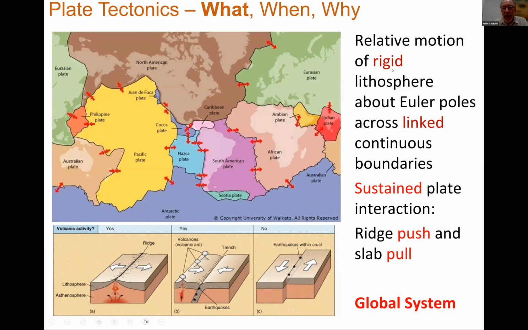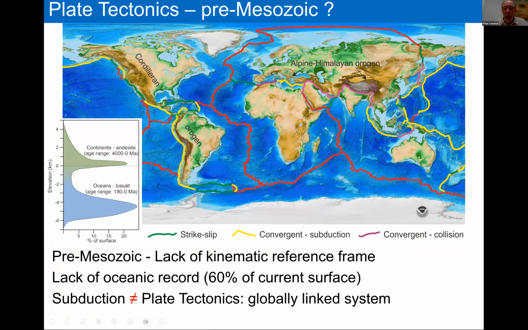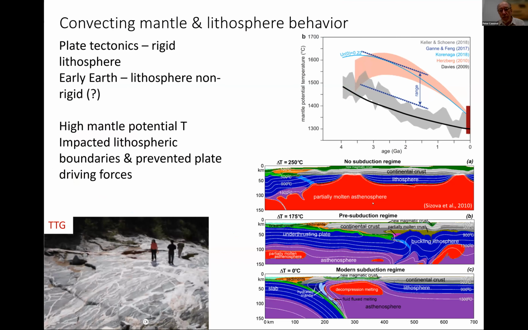I want to argue that, as we go back with higher mantle potential temperatures, the nature of the Earth in terms of the characteristics of the asthenosphere probably meant higher degrees of partial melting in the asthenosphere. This impacted viscosity in the asthenosphere.